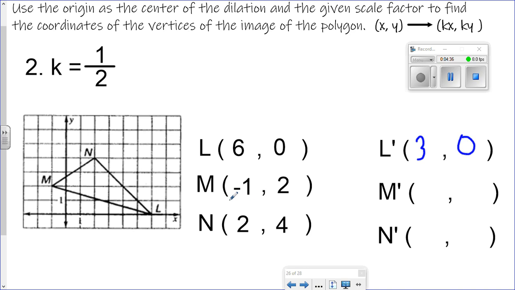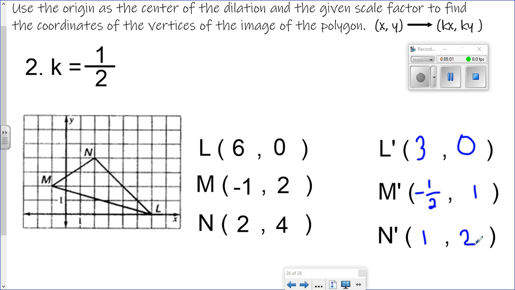And then when we do the same thing here, for point M to get M prime, we want to do negative 1 times 1/2, which is negative 1/2. And then we have 2 times 1/2, which is positive 1. And then 2 times 1/2 is 1. And then 4 times 1/2 is 2.